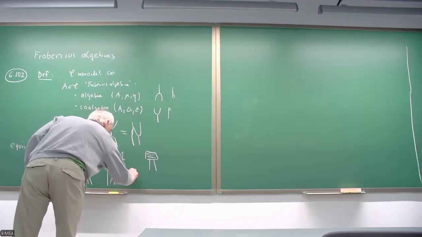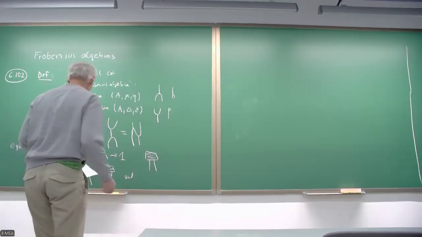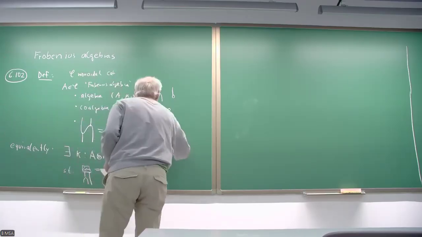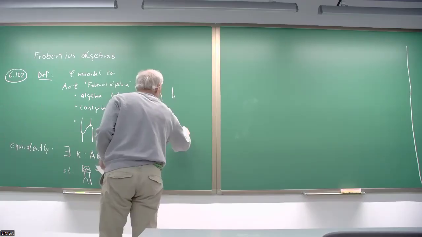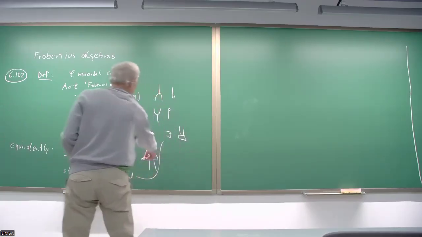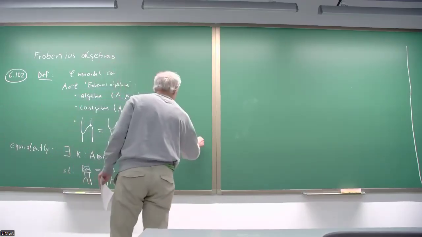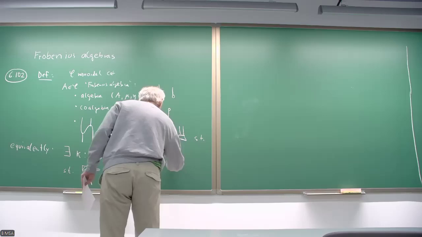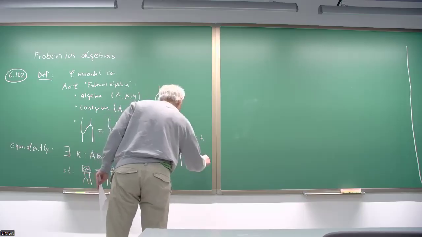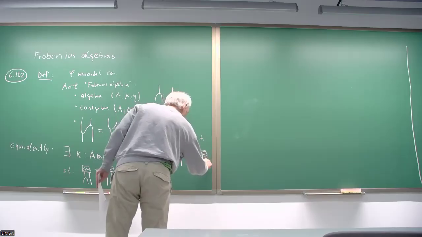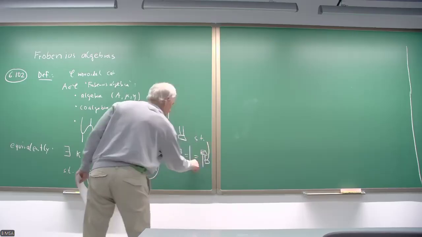And in addition, it is non-degenerate, in the sense that there exists a morphism from 1 to A tensor A, which is a side inverse to this morphism, namely, if I compose morphisms in this way or in this way, then I get the identity.